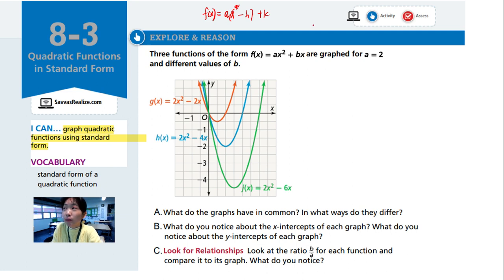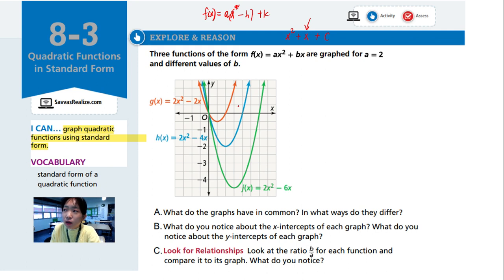If you remember polynomials, you can have the x squared term, the x term, and then the constant. That's the standard form of a quadratic polynomial. So what does the coefficient in the second term do?